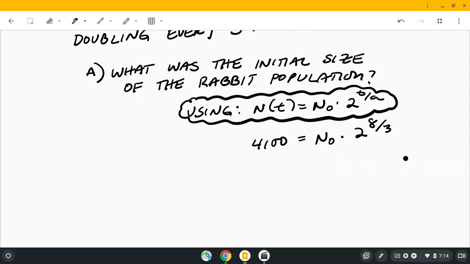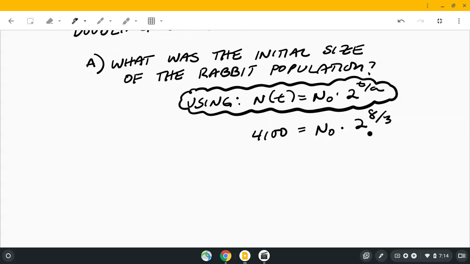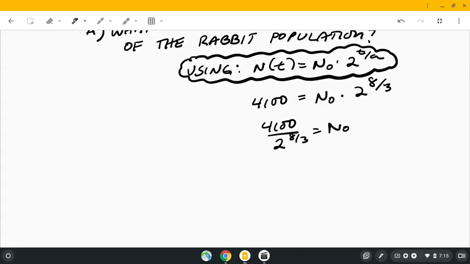So I can divide both sides by 2 to the power 8 over 3. If I do that, I end up solving for N naught.